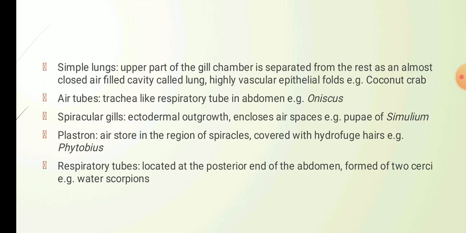The next type of respiratory organ is the plastron. This is found in aquatic beetles like Himonia and Phytobius. It is a kind of respiratory system in which air is stored in the region of the spiracle, and this air store is called a plastron.